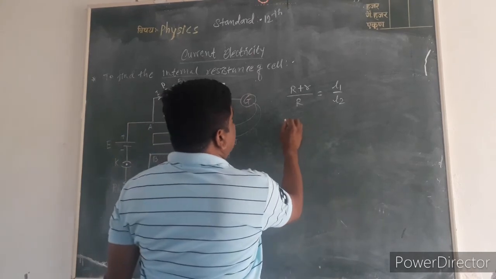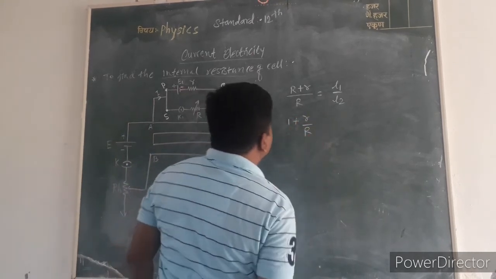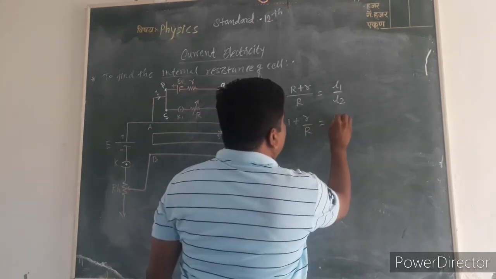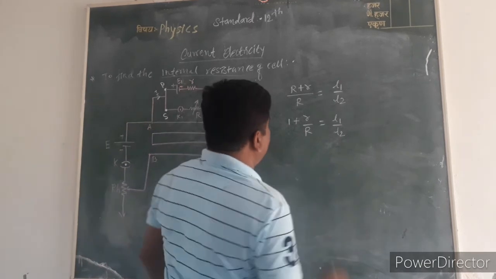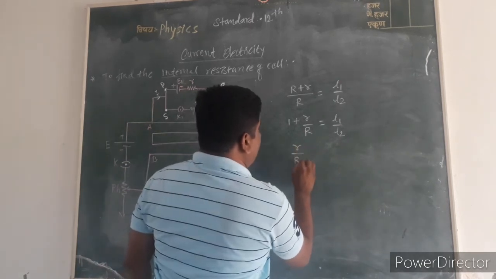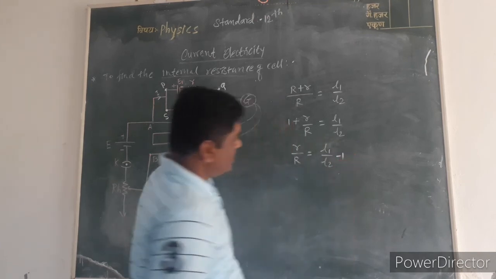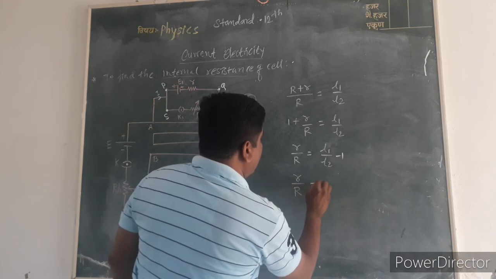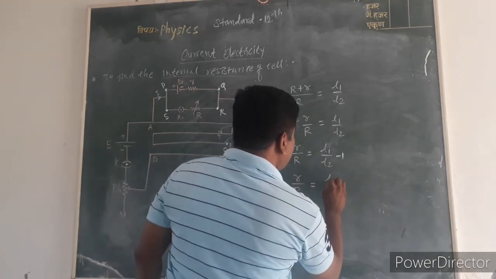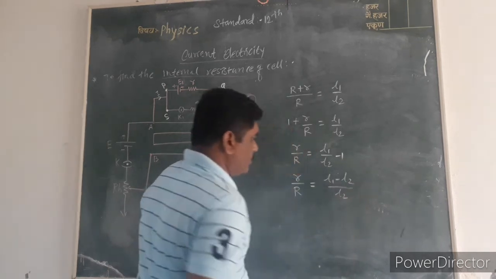Or we get 1 plus r upon R, which is equal to L1 upon L2. Or r upon R is equal to L1 divided by L2 minus 1. Or r divided by R is equal to L1 minus L2 divided by L2.